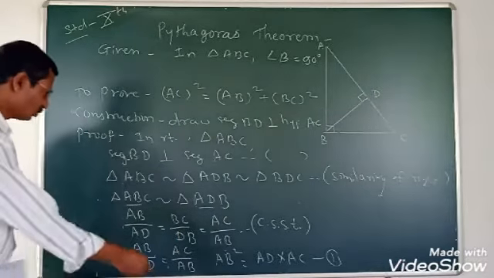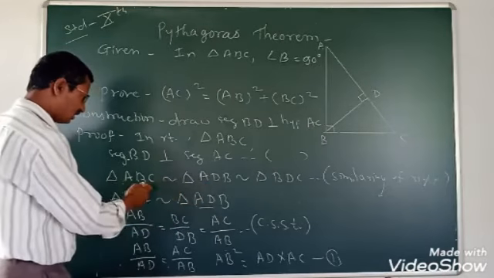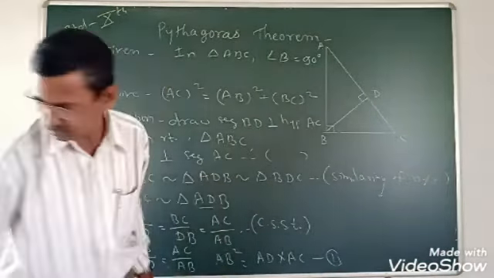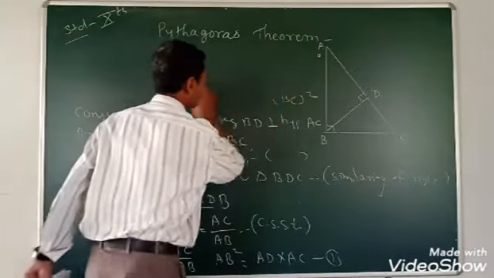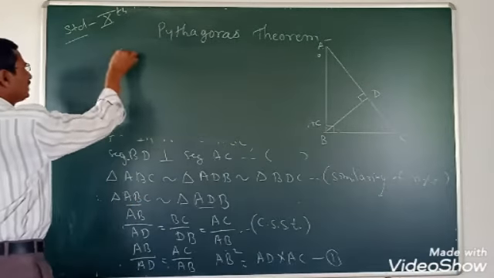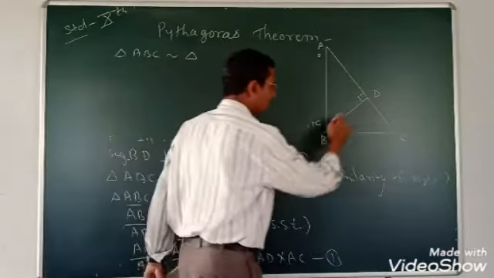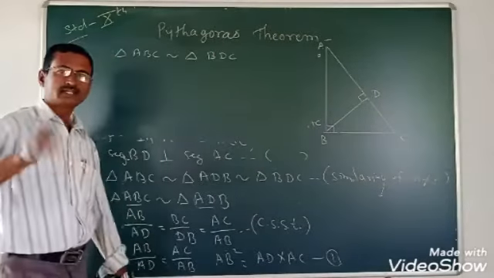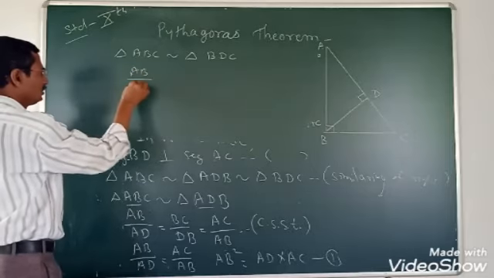Again, select these two triangles. Now take triangle ABC similar to triangle BDC. Let us see. In triangle ABC, which is also similar to this other triangle BDC, by the property of two similar triangles, their corresponding sides are in proportion.